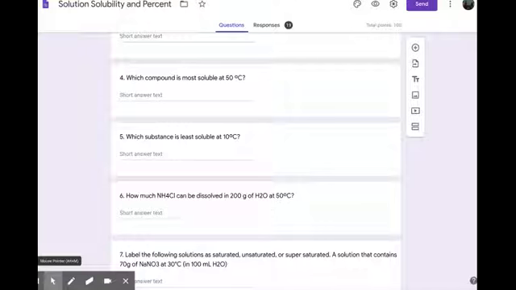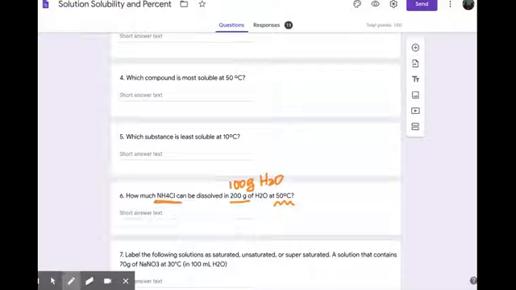How much ammonium chloride can be dissolved in 200 grams of water at 50 degrees? So remember, in our table, everything is compared to 100 grams of water, right? So 200 means you have to have double the amount of NH4Cl at the solubility.